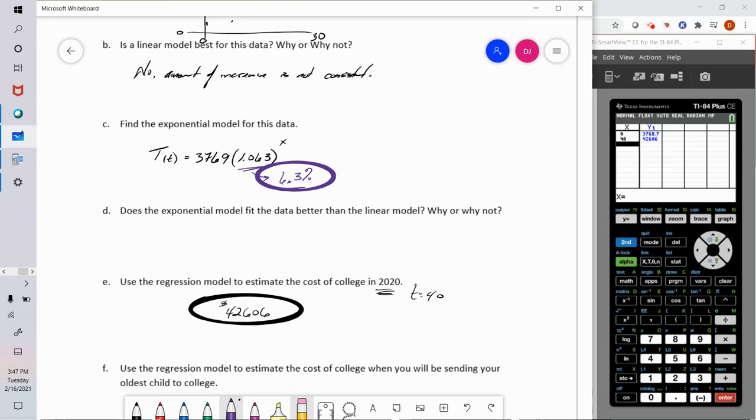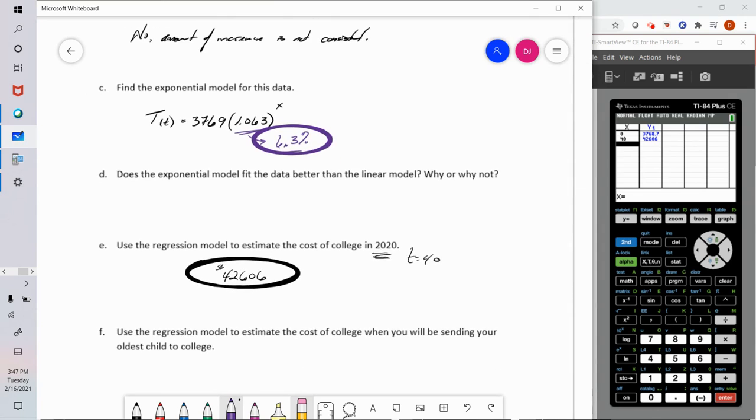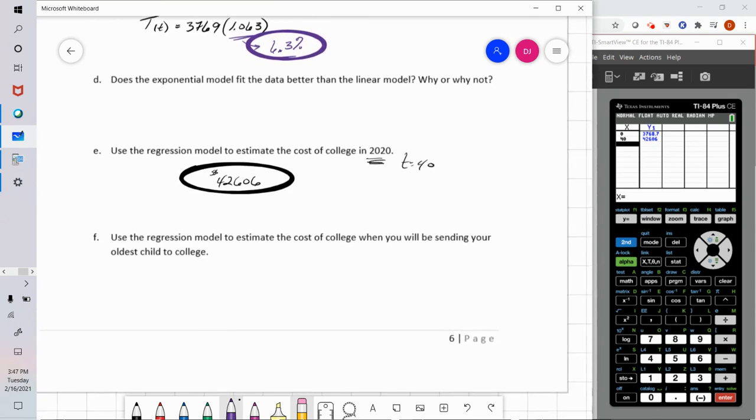Well, that's interesting. Okay, now I like to look at students and say, is it your parents' obligation to pay for you? Because let's think about this. Use the regression model to estimate the cost of college when you will be sending your oldest child to college. Now, I don't know how old you are, and I don't know how old your children are, if in fact you have children.